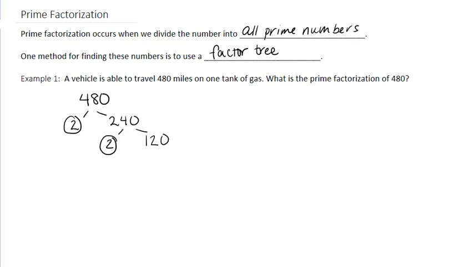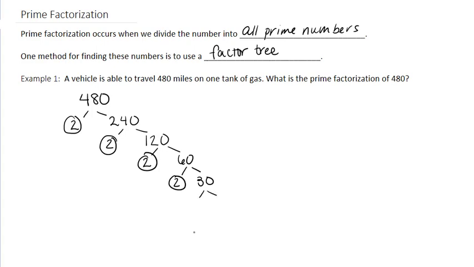We keep that 2 there, and we further divide out the 120. Now, 120 can be divided by 2 again, and 120 divided by 2 is 60. Circle the 2. Now 60 divided by 2 is 30, and then we can divide 30 out.